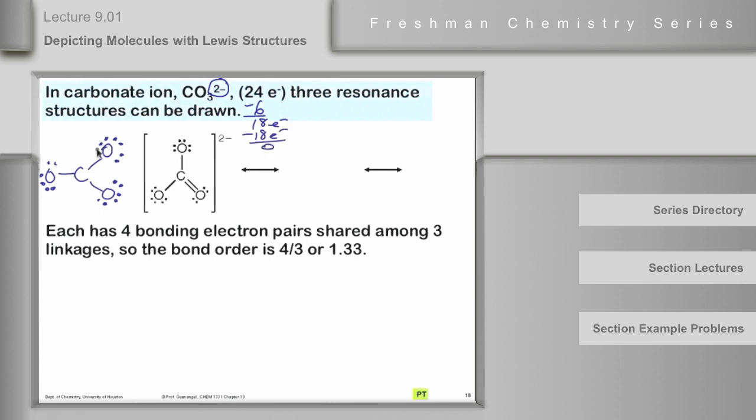There are none left. But the carbon doesn't have an octet. So we've got to go ahead and give carbon an octet. And now we have 3 different ways that we could give carbon an octet. We could make a double bond from the oxygen at 2 o'clock, the one at 4 o'clock, or the one at 9 o'clock. Right? If I pick this one and make a double bond right there, I get this structure.